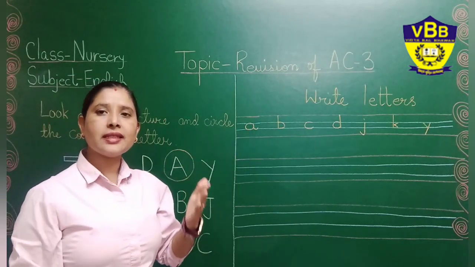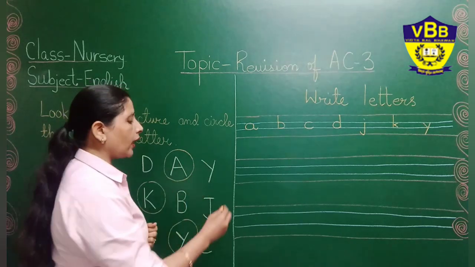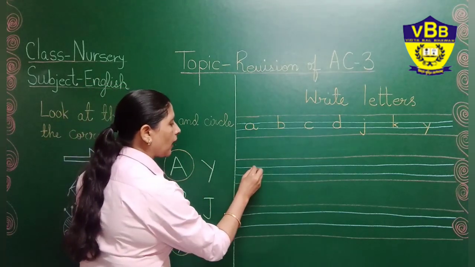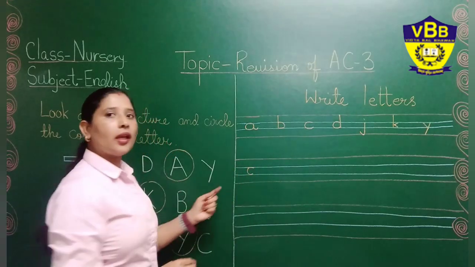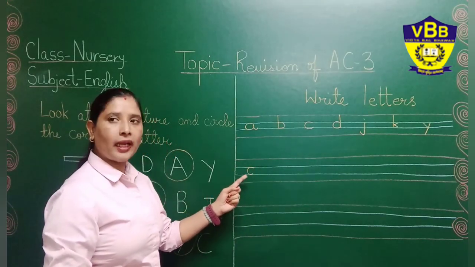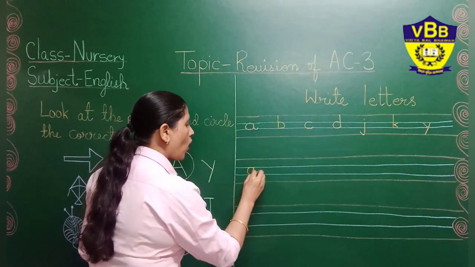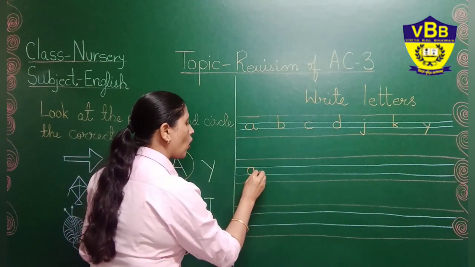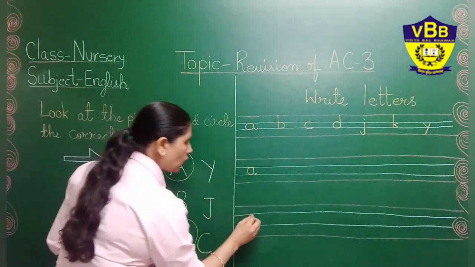Yes, this is letter A. So how will we write small a? First we will make a small curve like this, in the second and third line, blue color line. Then you have to make one small standing line and small curve. Alright? Let me tell you once more.